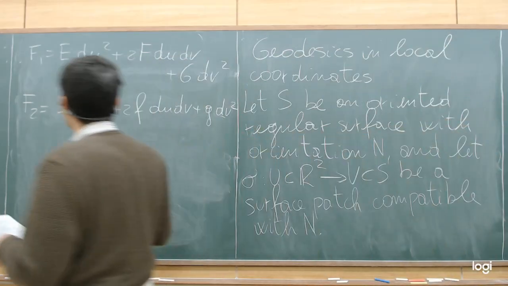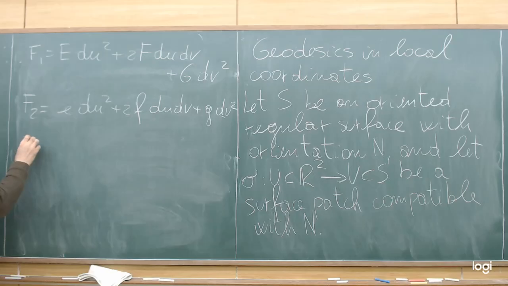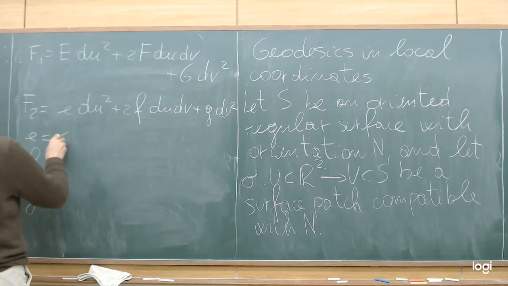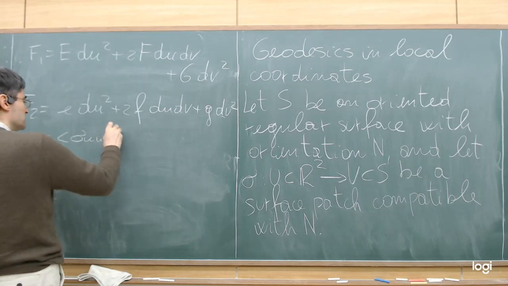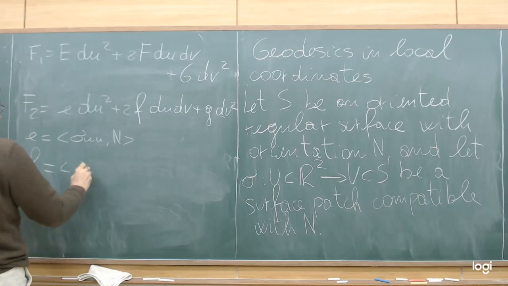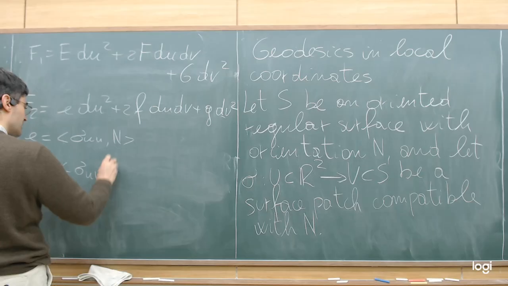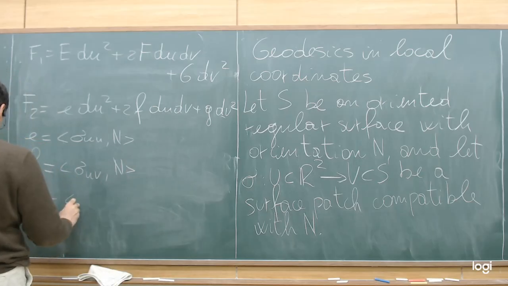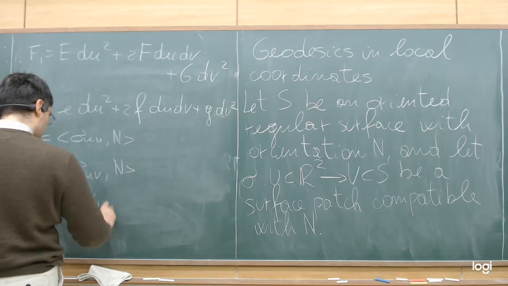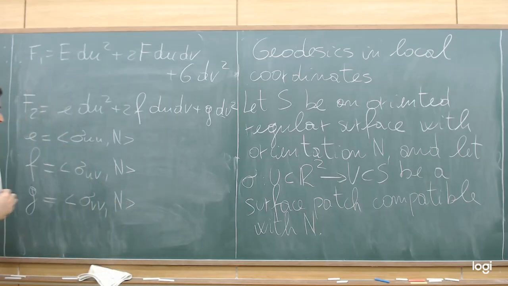We defined E, F, and G as the inner product of these second derivatives of sigma and n. In other terms, they are the normal components of sigma UU, sigma UV, sigma VV.